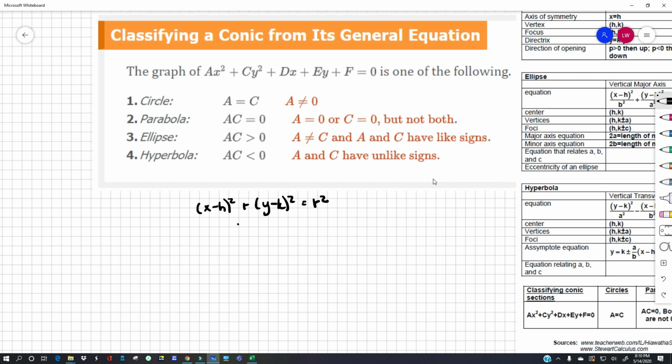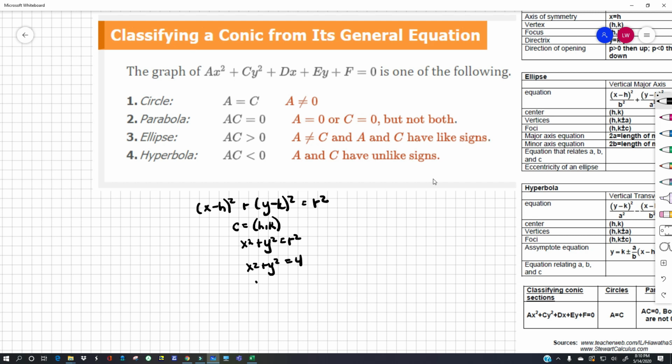The center of a circle, of course, is at (h, k), just like all other conics. If the center happens to be at (0, 0), then your standard equation would look like x squared plus y squared equals r squared. So you might have x squared plus y squared equals 4, for example.